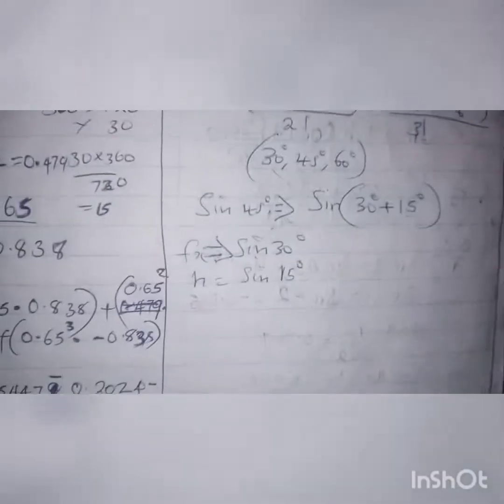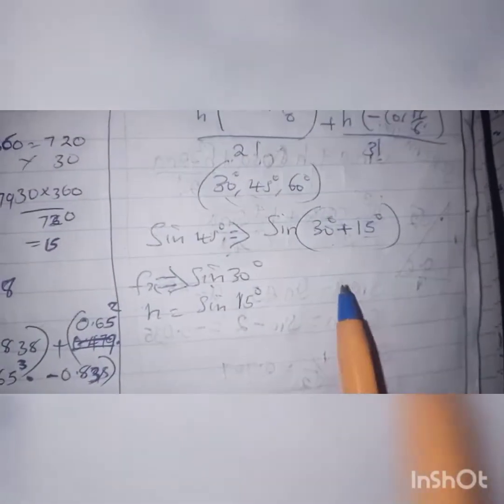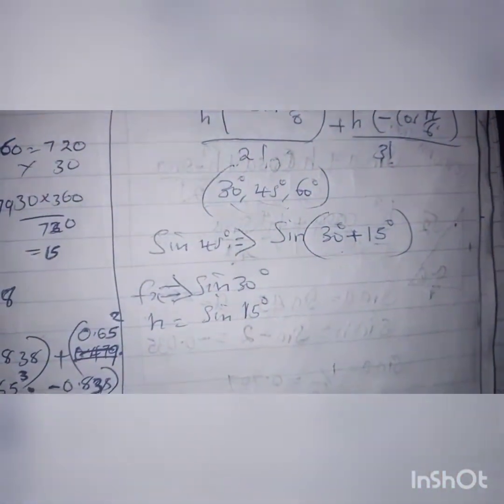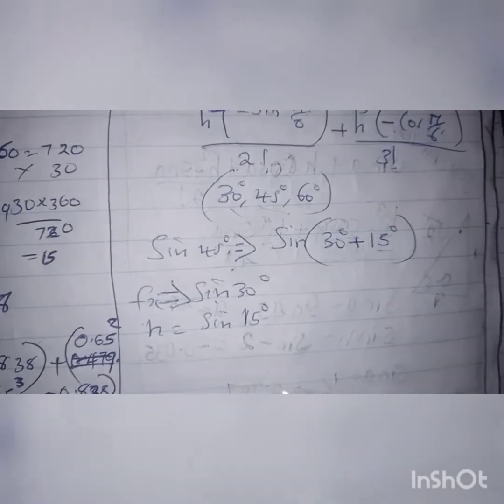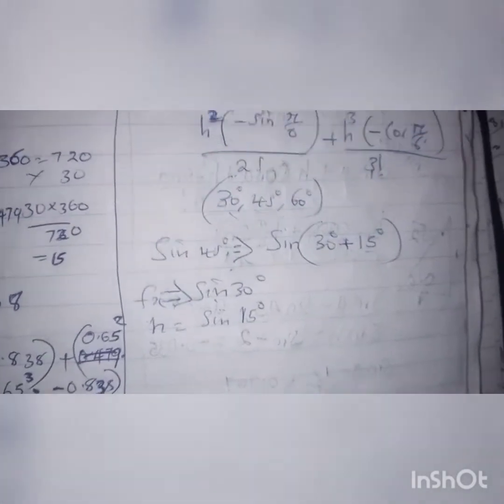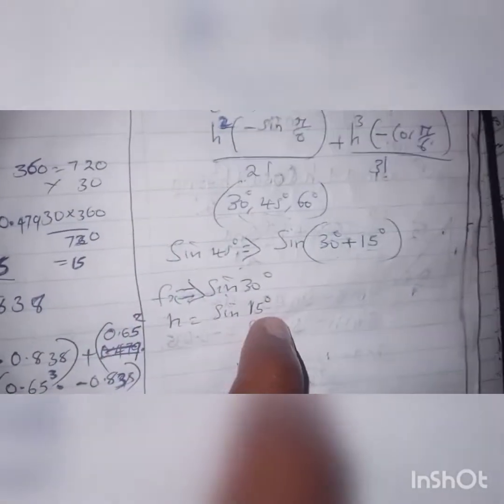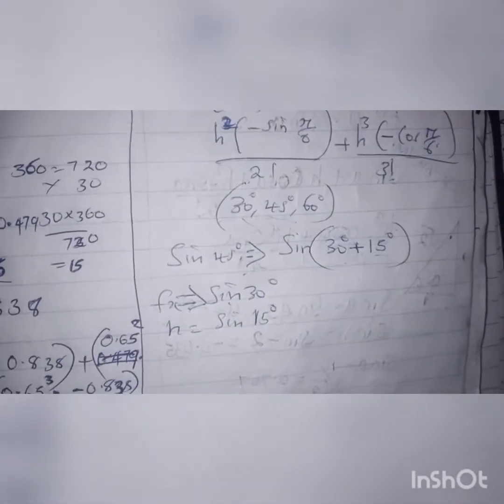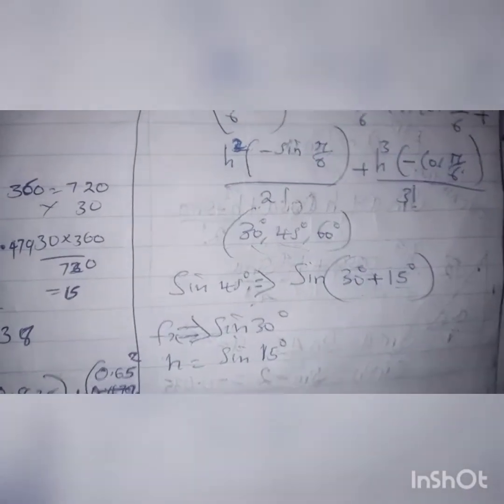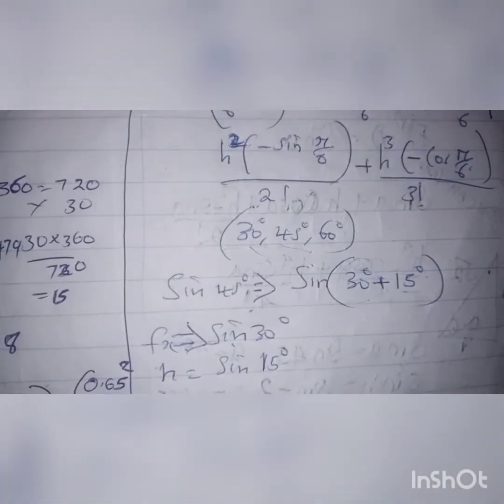I'm going to tell you why we use these angles. They are so simple compared to substituting with any other angles, very simple to evaluate. When you key in sine 30, you also need to key in cos, tan, and others.